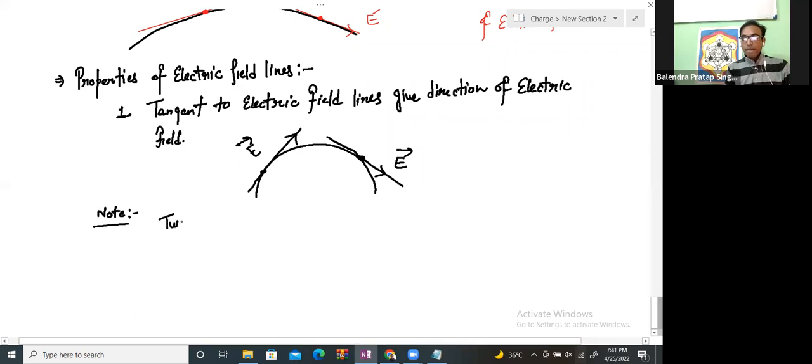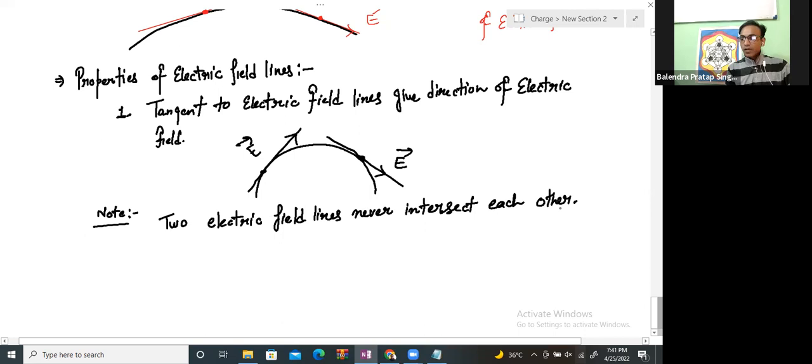Two electric field lines never intersect each other. Why do they never intersect each other?